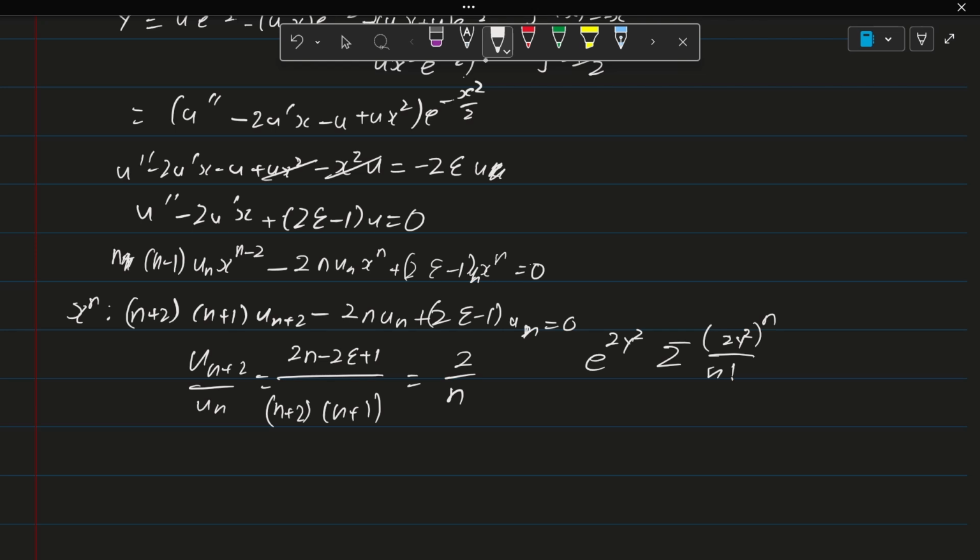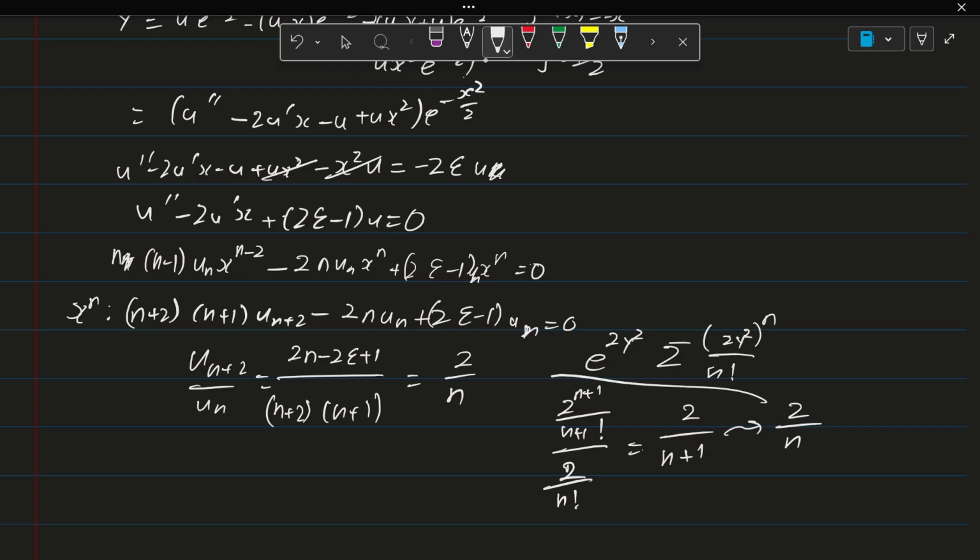And if you do the ratio test, checking the n plus 1, you'd get the 2 there, and then it's the 2 to the n plus 1 over n plus 1 factorial over the 2 to the n over n factorial. And this turns out to be just 2 over n plus 1, which is very closely related to the 2 over n that we got here.